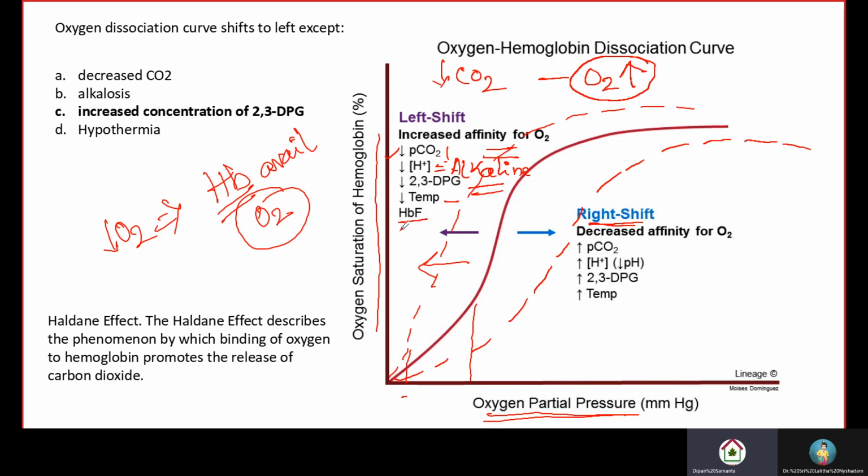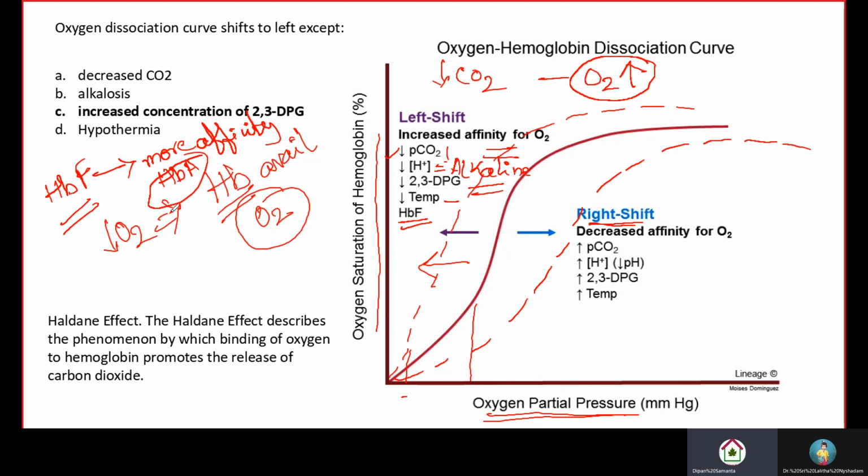And fetal hemoglobin has more affinity towards oxygen as compared to HbA, adult hemoglobin, because in the fetus there can be a shortage of supply of oxygen.